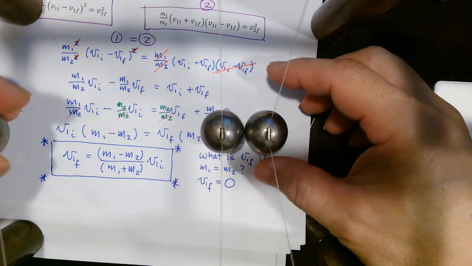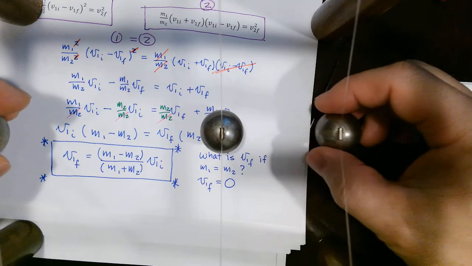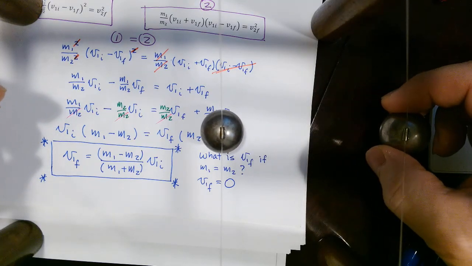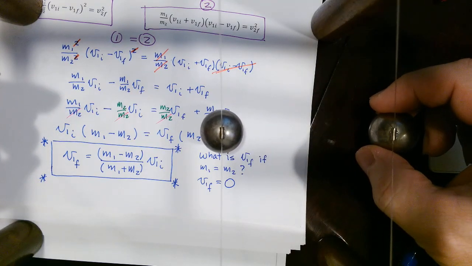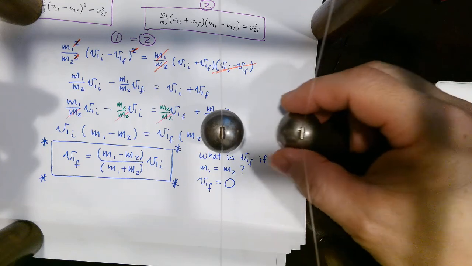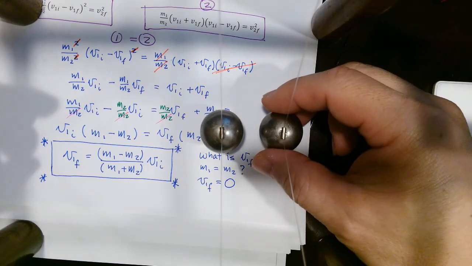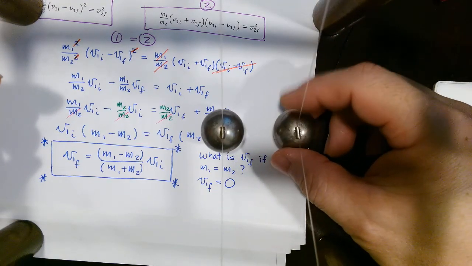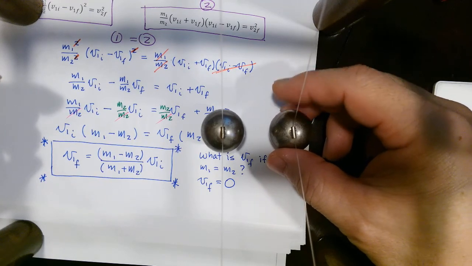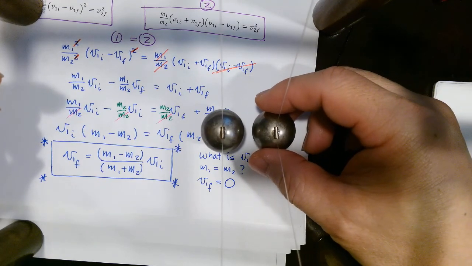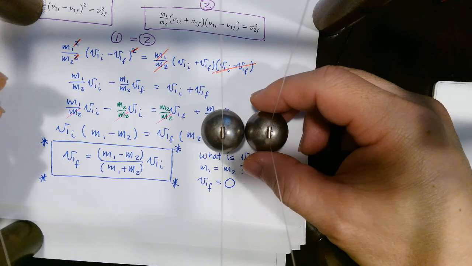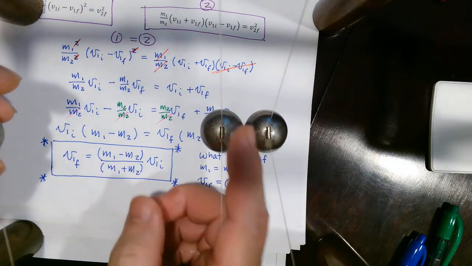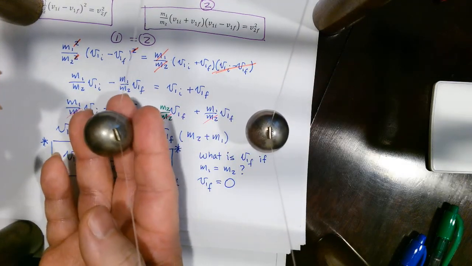One is at rest, the other one comes in. According to this equation, if this comes in and crashes into the other one, this should stop after the collision, and the other one is going to take over its momentum, right? So here we go. Ready?